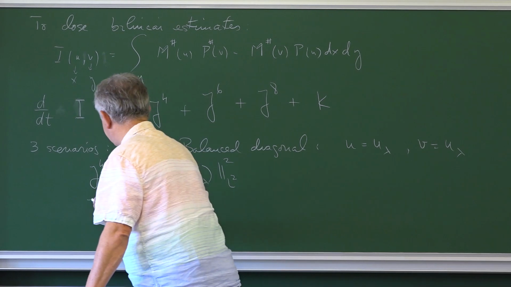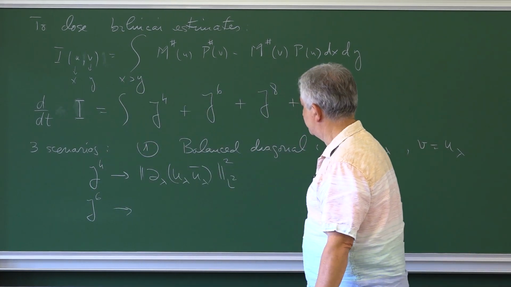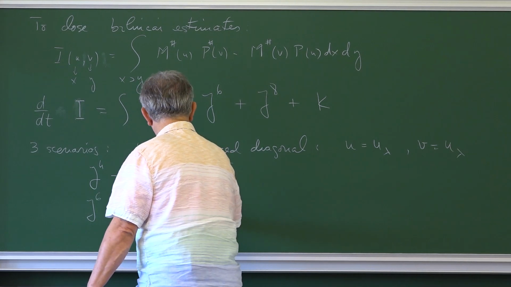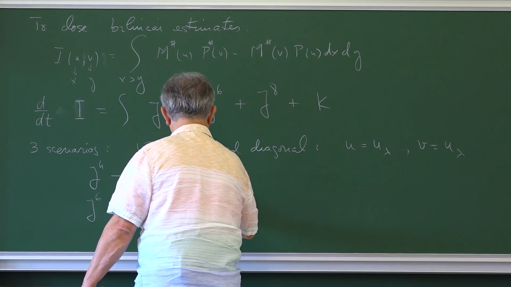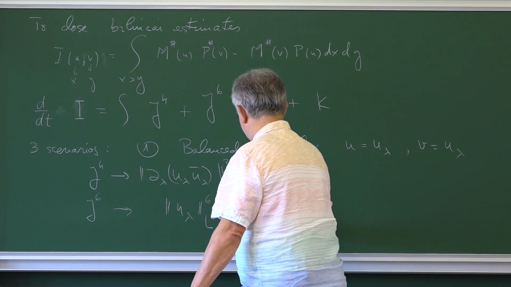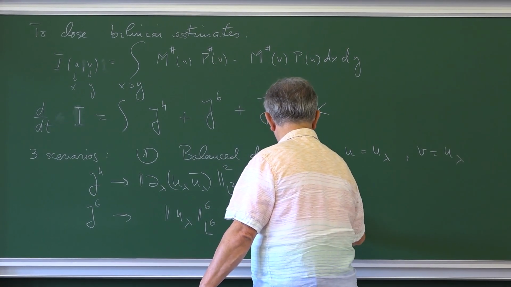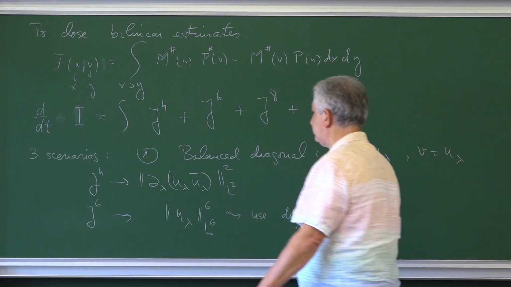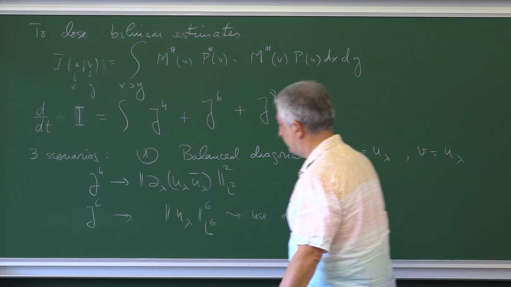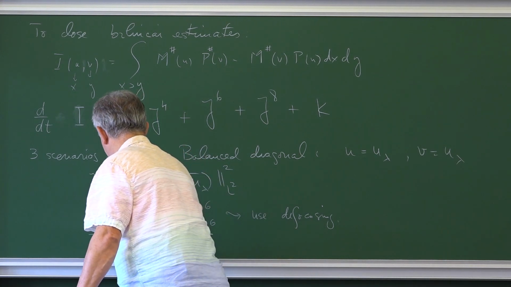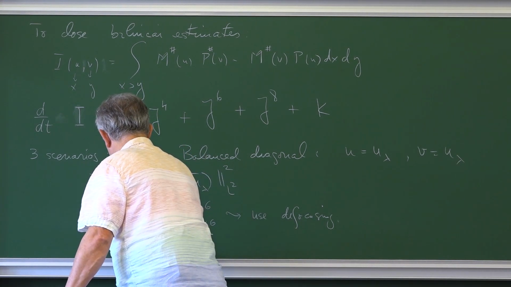Then J6 at leading order modulo error terms is essentially like the norm of u lambda in L6 to the power 6. And this is where we use the defocusing condition. All right. And then J8 and K are perturbative.